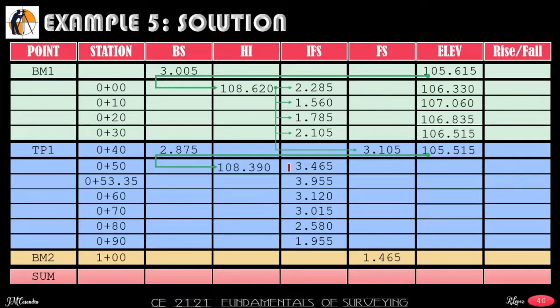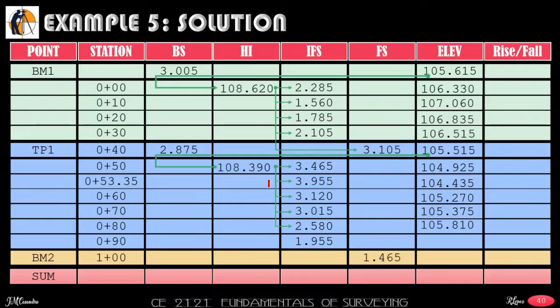And for the elevation of our foresights taken at height of instrument 2, we will subtract the intermediate foresights and foresights from your HI. So for 0 plus 50, elevation is 104.925. Station 0 plus 53.35, 104.435. Station 0 plus 60, 105.27. Station 0 plus 70 is 105.375.